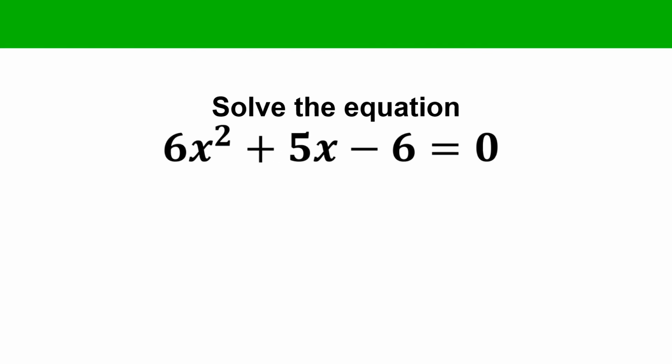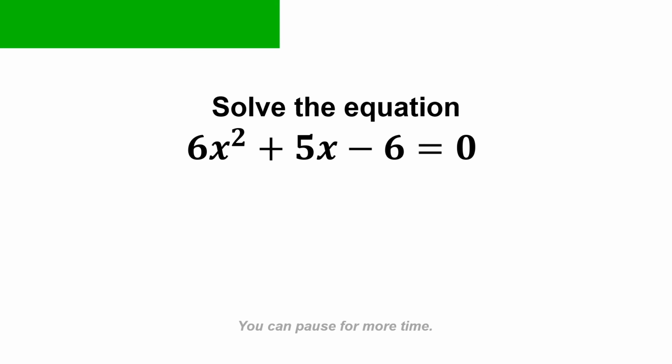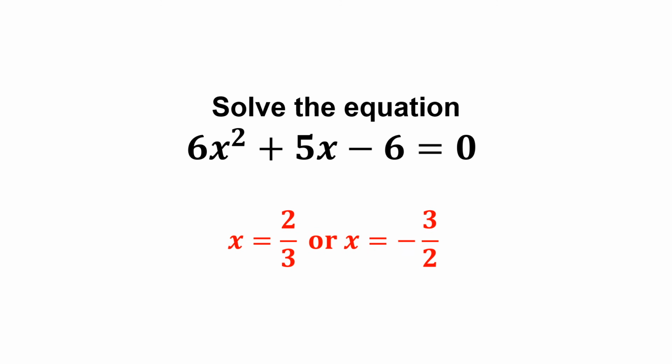Solve the equation 6x squared plus 5x minus 6 is equal to 0 by quadratic formula. The solutions are x is equal to 2/3 or x is equal to -3/2.